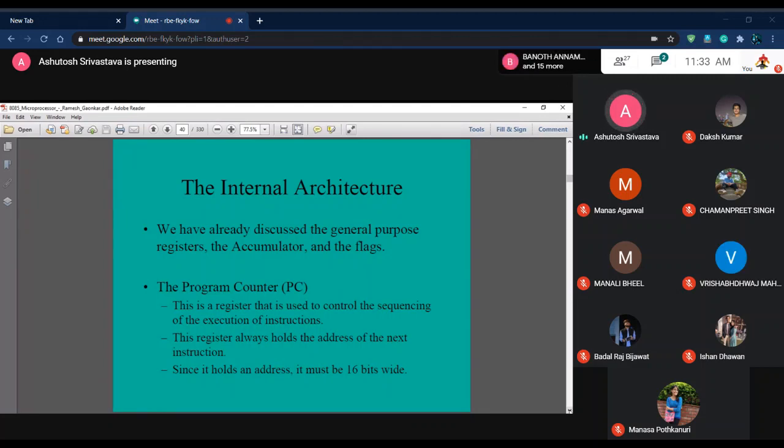So the register which is inside your CPU system holds the address of the next instruction. So always remember, the execution of the instructions is done sequentially, one after another.